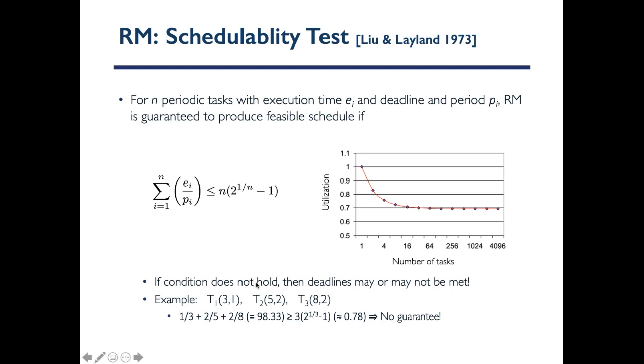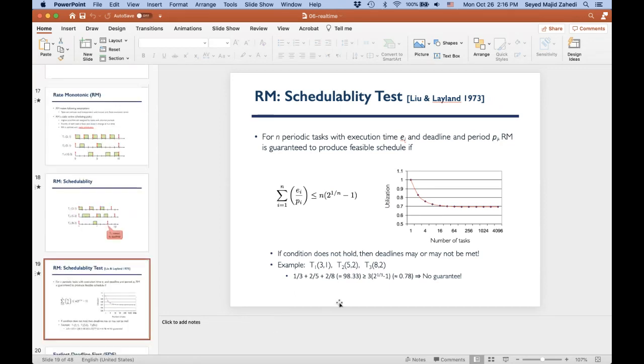There is no guarantee. But if it is less than this number, then RM is guaranteed to produce a feasible solution. Now, if you look at the example we saw in the previous slide for these 3 tasks, if I sum up the utilization, T1 is 1/3, T2 is 2/5, T3 is 2/8, and in total, that's 98.33% utilization. This should be 0.98, not a percentage. It's a typo. Let me fix it.